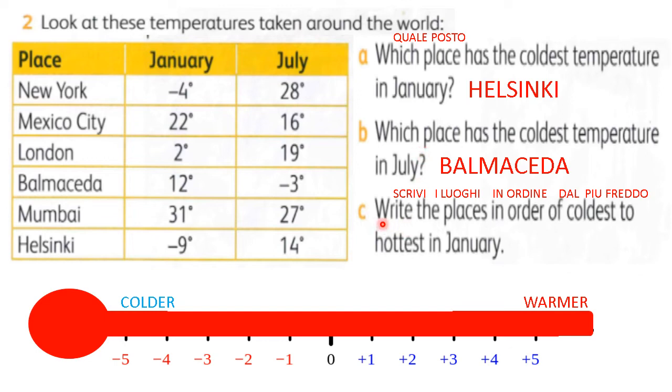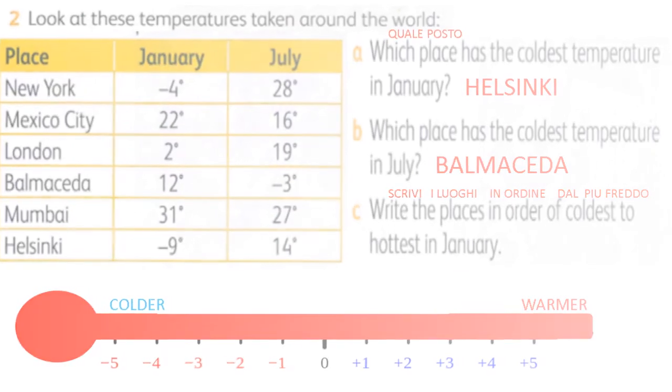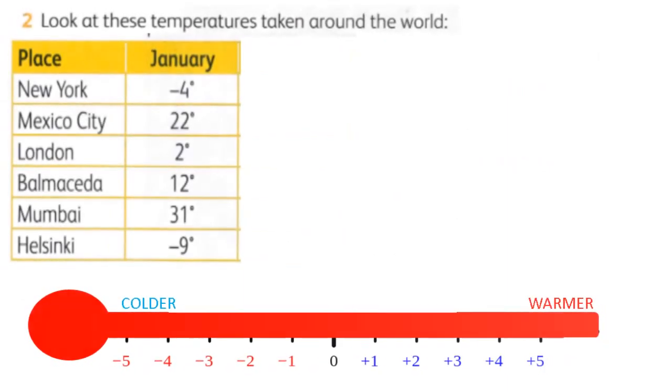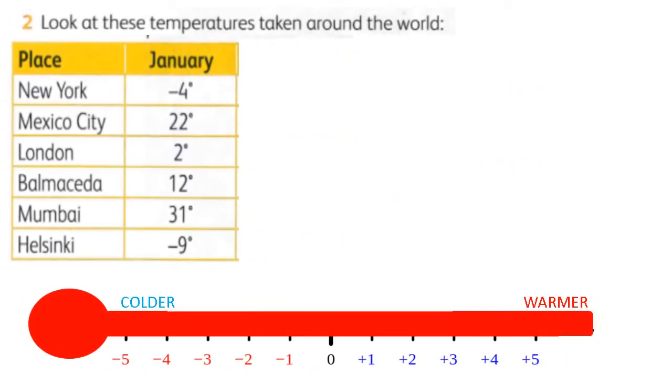C. Write the places in order of coldest to hottest in January. So, as we saw in the previous questions, Helsinki is the coldest in January, and New York is next.